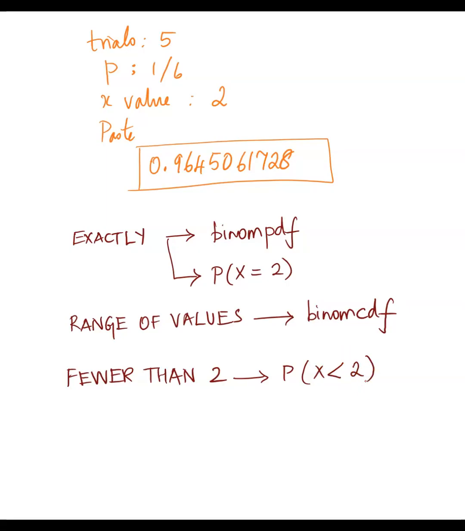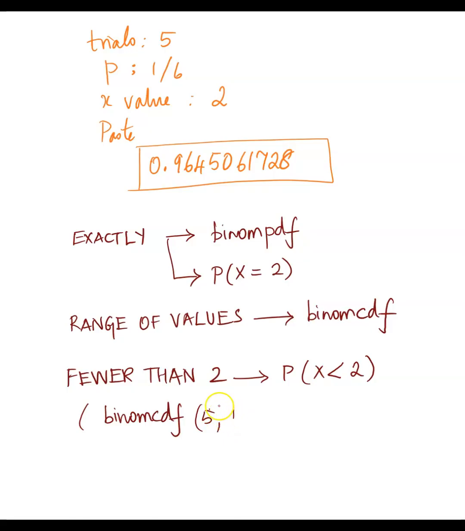So if you use binomial CDF, it's going to give it to you for less than or equal to, for which you'll have to subtract from x equals 2. Okay. So what we have to do is a little more calculation to get the accurate value. So we'll have to do binomCDF for this particular example, right? So we'll use 5.